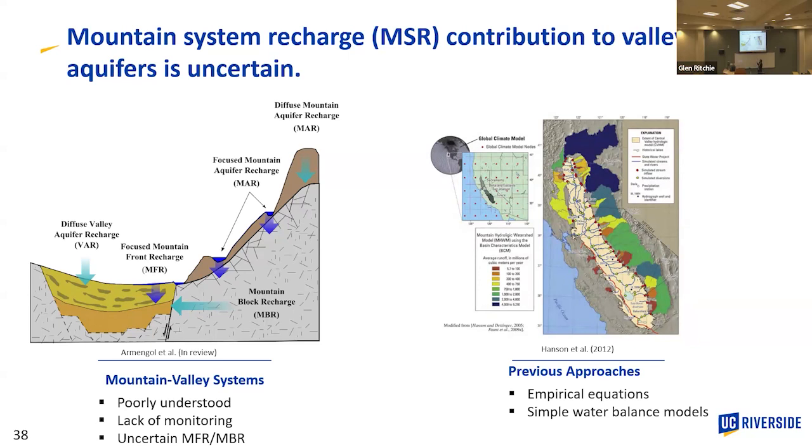We may have surface water bodies, streams and lakes recharging the mountain aquifer unit. But then from the mountains, we have these mountainous streams that come to the valley floor and infiltrate at the mountain front. At the same time, we have mountain block recharge, which is the lateral flow from the mountain aquifer to the valley aquifer. So as you can see, within mountain valley aquifer systems, there are multiple pathways.